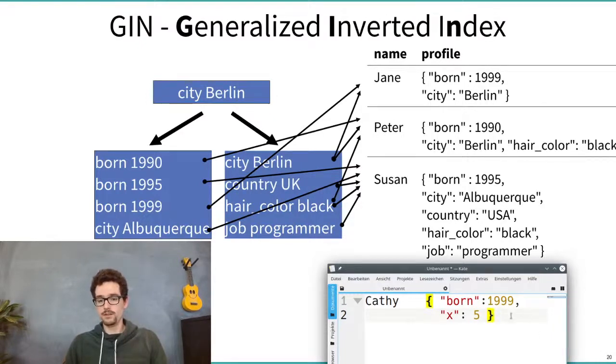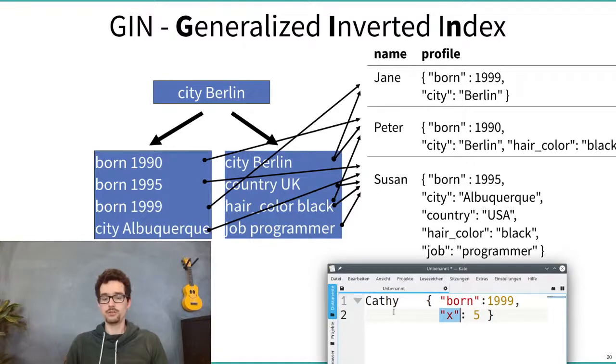So then within the index 2 things are inserted. The born 99 will be inserted here, so it is already in the index. So another pointer will be placed here and points to the new document, to the new row in our table. And this key is not yet there, so it inserts X5 and points it to that row.